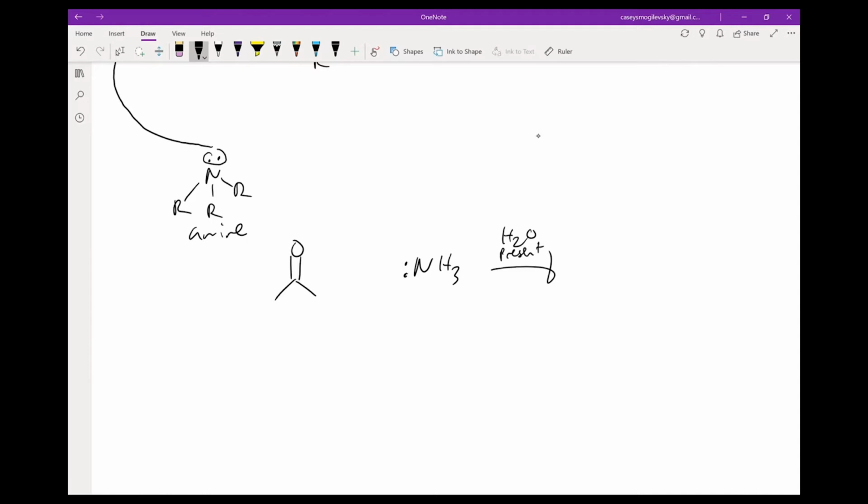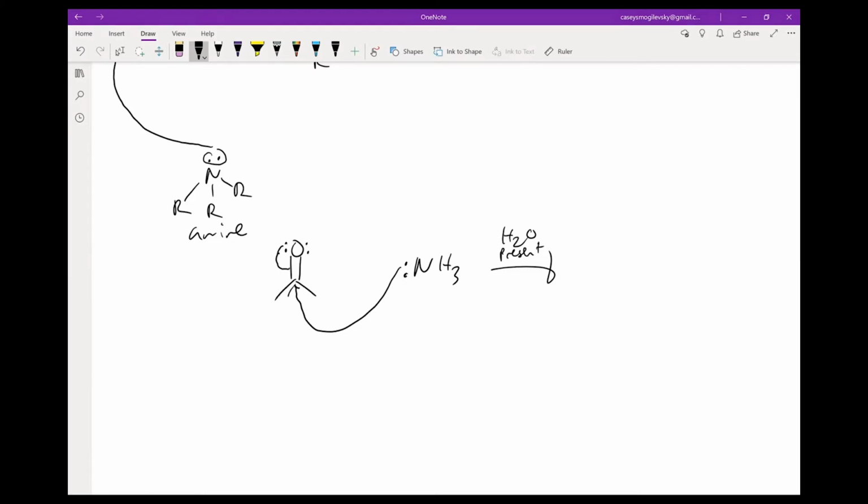What will happen is that this lone pair is going to attack this carbon right here. And this carbon can't have 5 bonds. So one of the pairs of electrons from this double bond is going to go up to this oxygen.